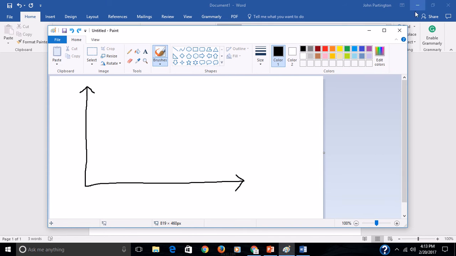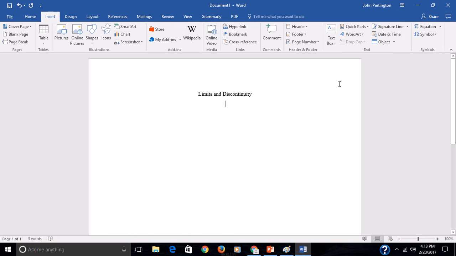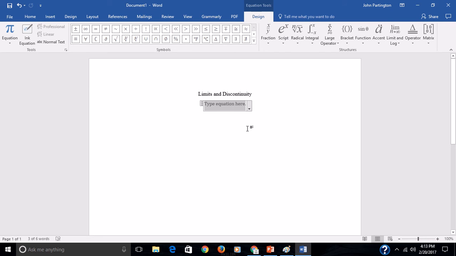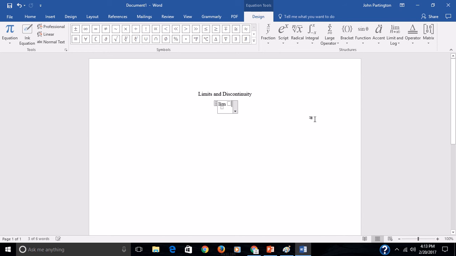However, a limit can take place for a standard function. Now, the way we notate a limit is, let's see here, this is going to be denoted by this.